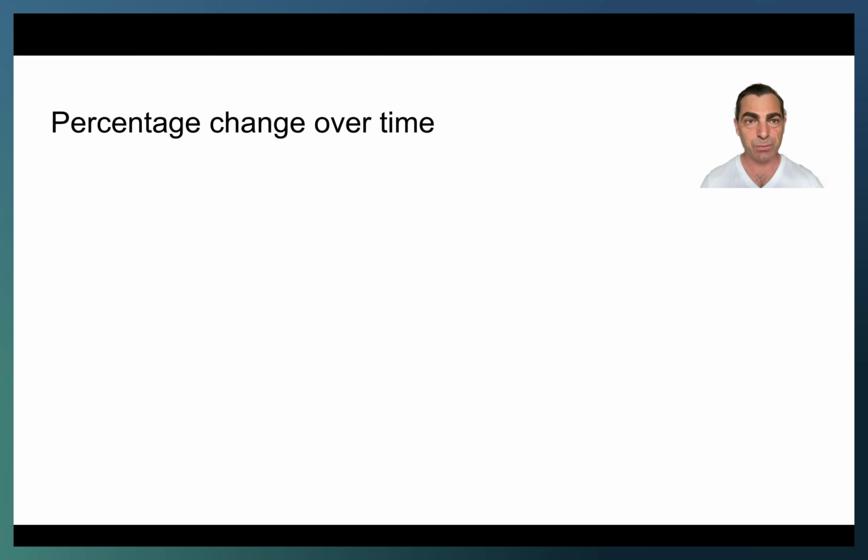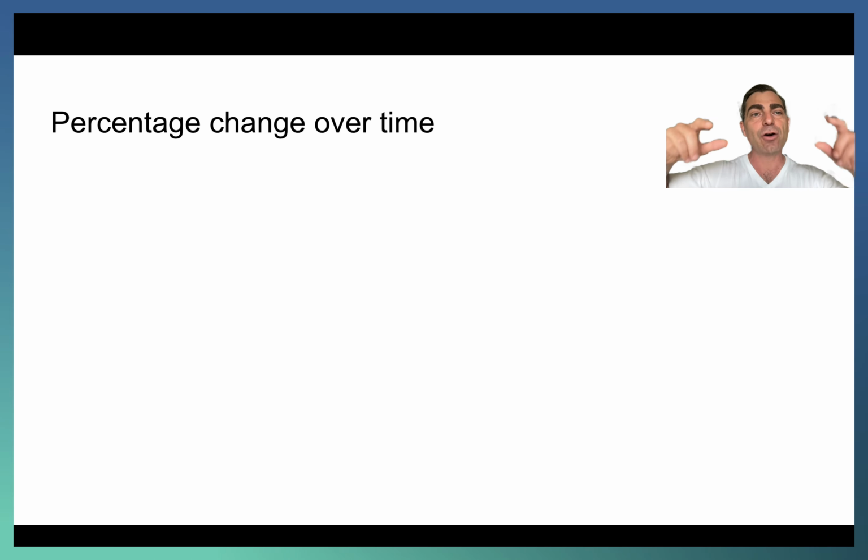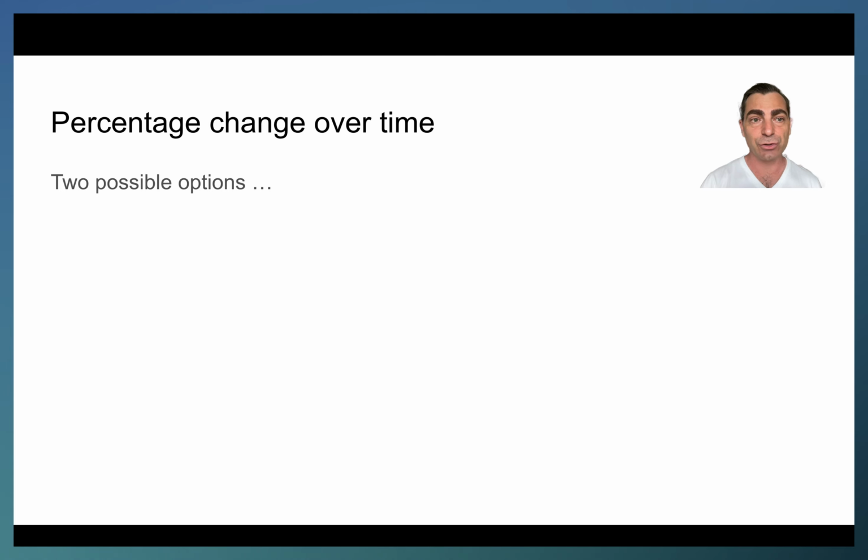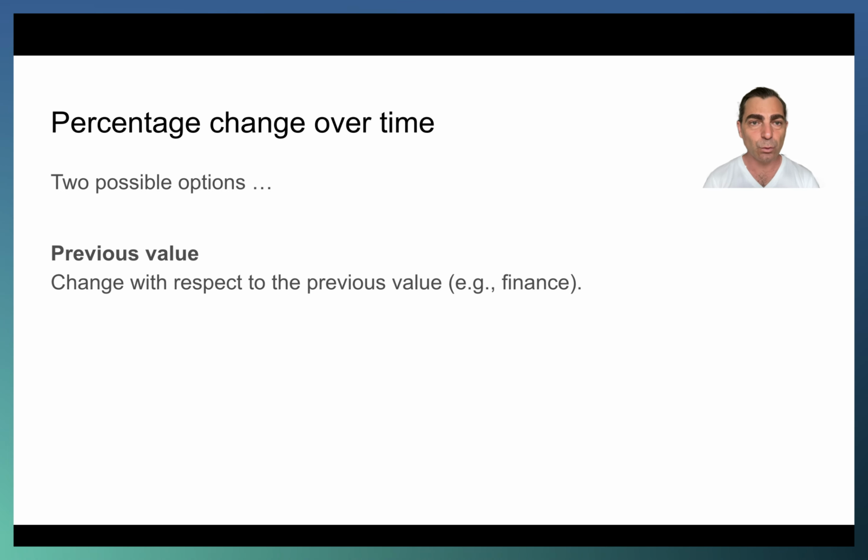The second one is percentage change over time. This is very common to see, often you have a line chart or a bar chart showing, for every point in time, maybe different years or different months, how much something has changed. Okay. Again, here there are 2 possible options. One is the percentage change with respect to the previous value or the previous point in time.